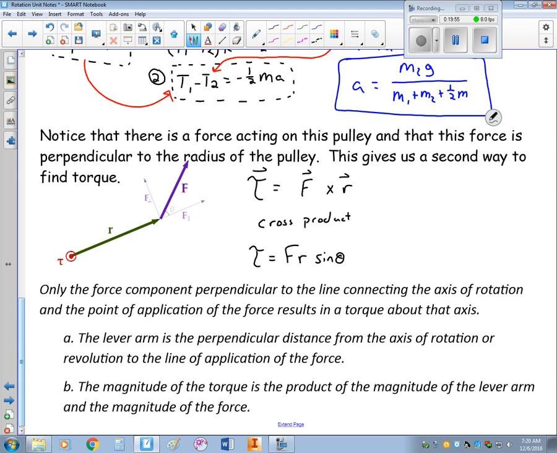Looking at this picture right here, if I want to rotate this arm, I would need to have this force right here. Only forces perpendicular to the arm will rotate it. Ones parallel will not. So notice how I can use the sine function to figure out what that perpendicular force is.